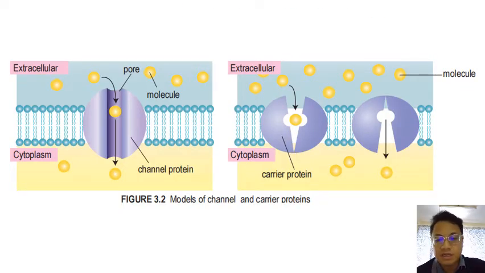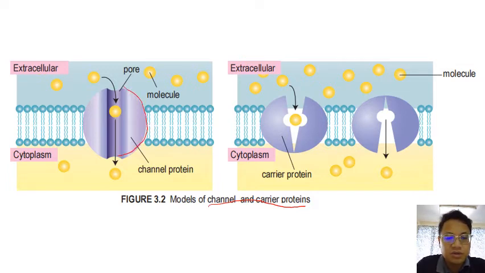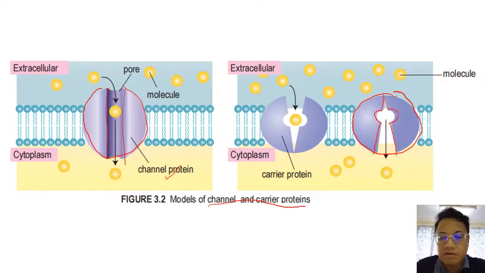These are the illustration or the model of channel and carrier protein. For channel protein, one protein molecule has pores or channel, so they are called channel protein. Whereas the carrier protein, this is one molecule of carrier protein. They have shapes on them which allow molecules to bind to them, so they are called carrier protein.